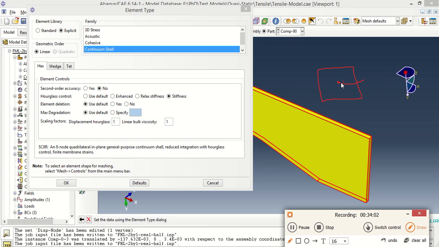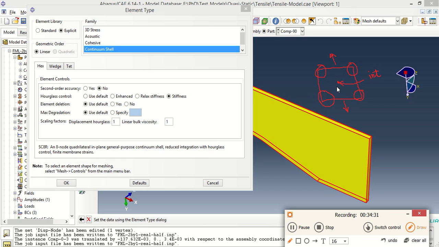This is called the integration point. Since you have only one integration point, when this element is deformed, it is deformed at this point also, this point also, and this point also.